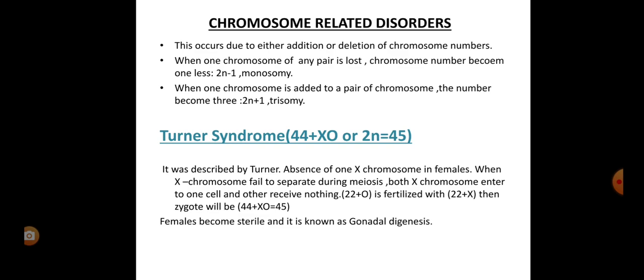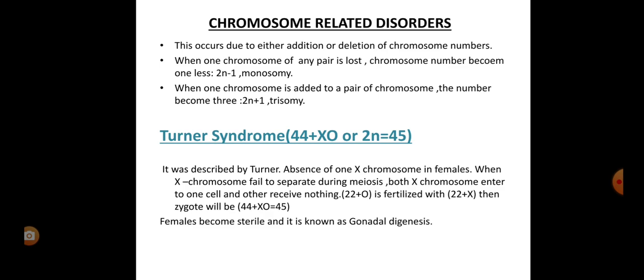And when one chromosome is added to a pair of chromosomes, that means there is an addition of a chromosome, so the number will become 2n plus 1. That is named trisomy. Okay, so let's see what Turner syndrome is. Turner syndrome was first described by the scientist Turner.